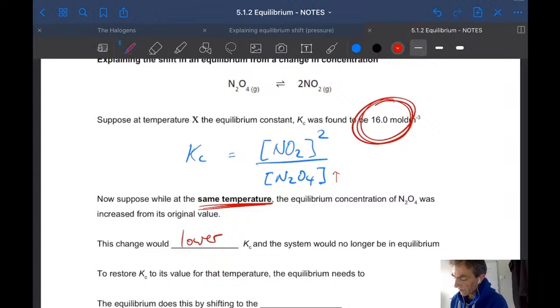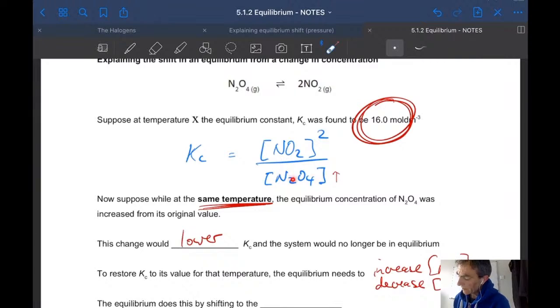So to restore Kc to its value for that temperature, the equilibrium needs to increase the NO2 concentration and decrease the N2O4 concentration.